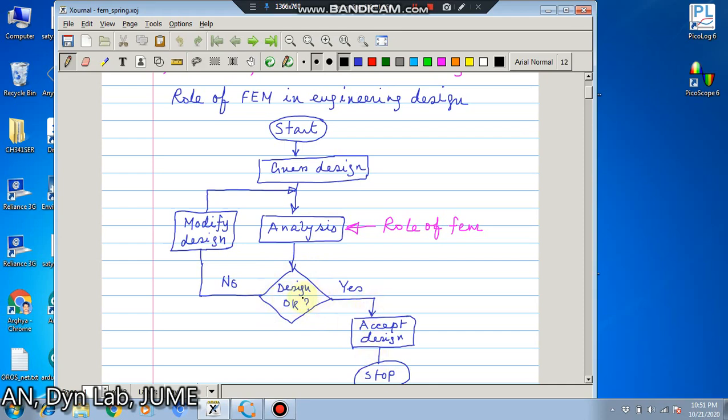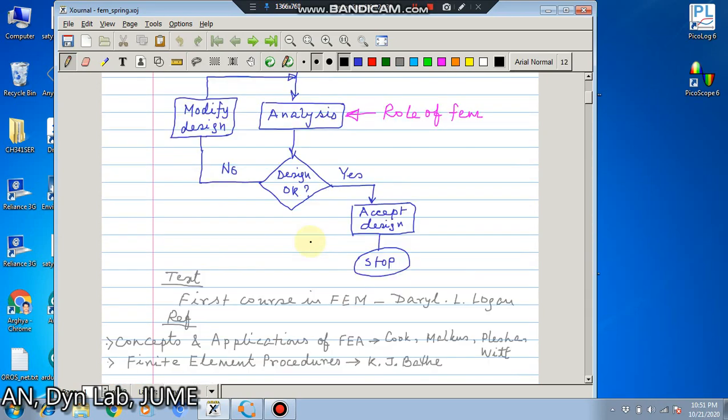But if the design objectives are not satisfied, then we modify the design and we again make an analysis of the modified design. So this is an iterative process, as you know, and the role of finite element is here in the analysis. So we use the finite element method for analysis.